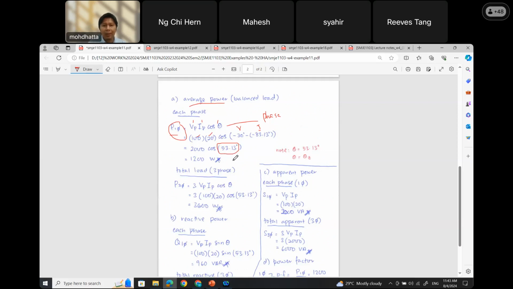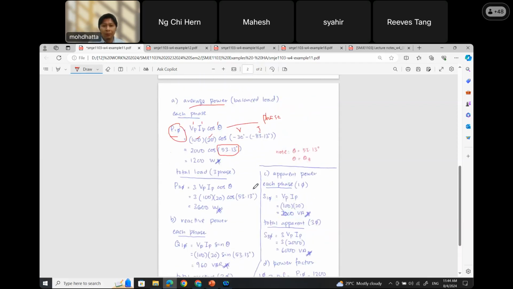My point is that this 53.13 is basically our theta Z. Maybe later on we might need it, or if not, it's for your information. But it's very good that you really understand that this data is coming from the angle of our impedance. You can see the importance later on in other examples. I will show you.